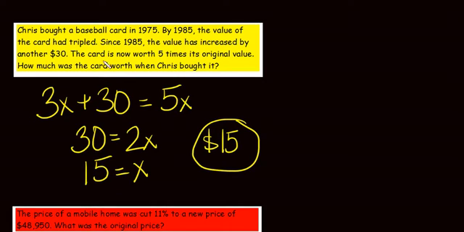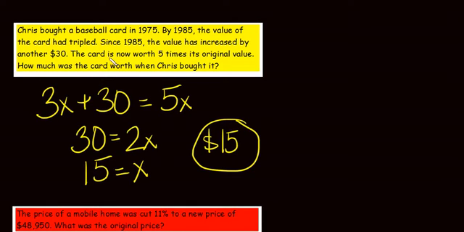Well, I was told that by this time the value of the card had tripled. So I know that whatever that card cost, it was 3 times it now. So there's where my 3x comes from. And then since then, it has increased, that would be plus, by $30. So there's my plus 30.